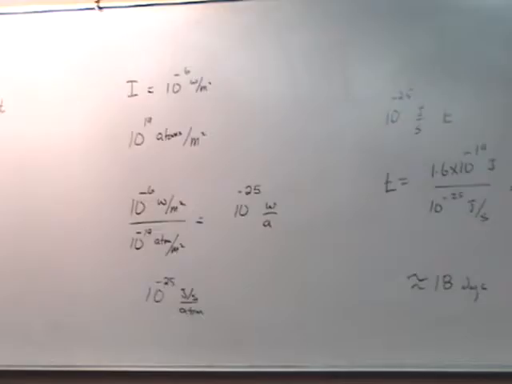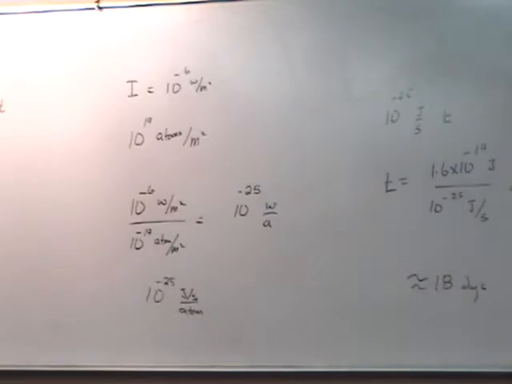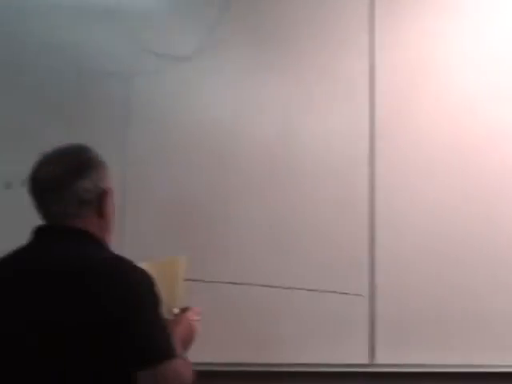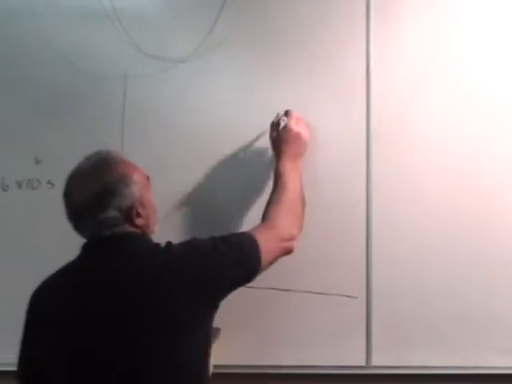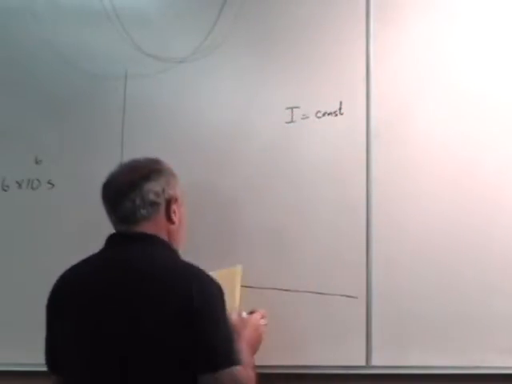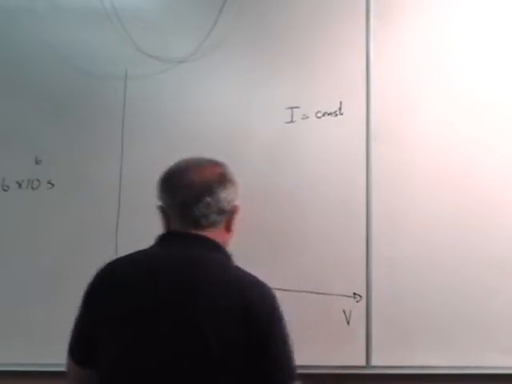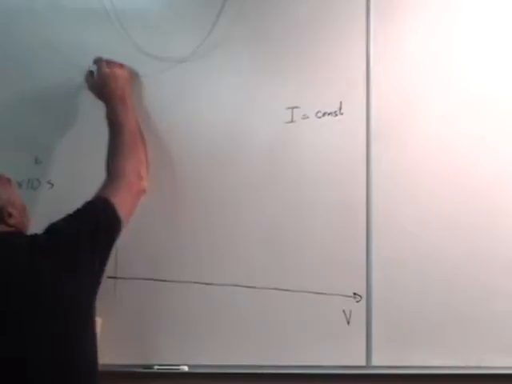Watch this. We're going to do the experiment again. This time we're going to hold the light intensity constant, so I equals constant. We're going to be measuring across the horizontal axis the same thing, the retarding potential. The vertical axis is photocurrent.